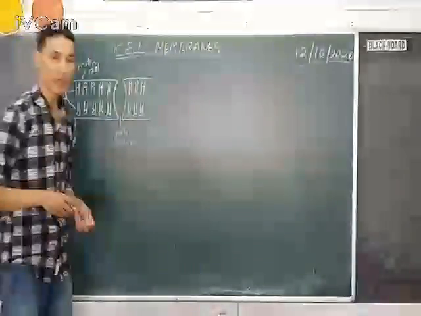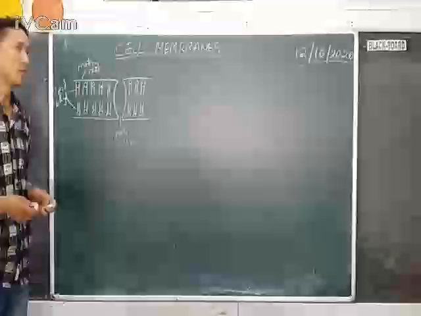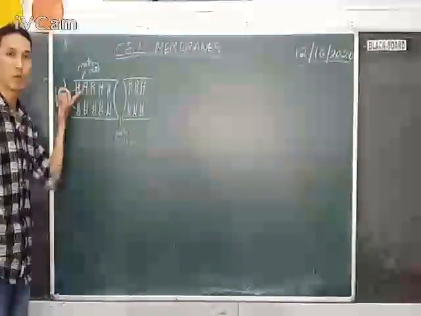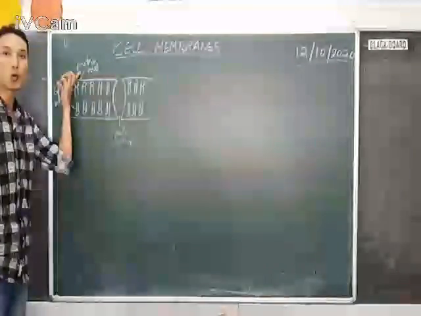The next model was proposed by Danielli and Davson. According to them, the membrane consists of lipid bilayers, one on the upper layer and one on the lower layer. The entire lipid layer is covered by a protein coat.